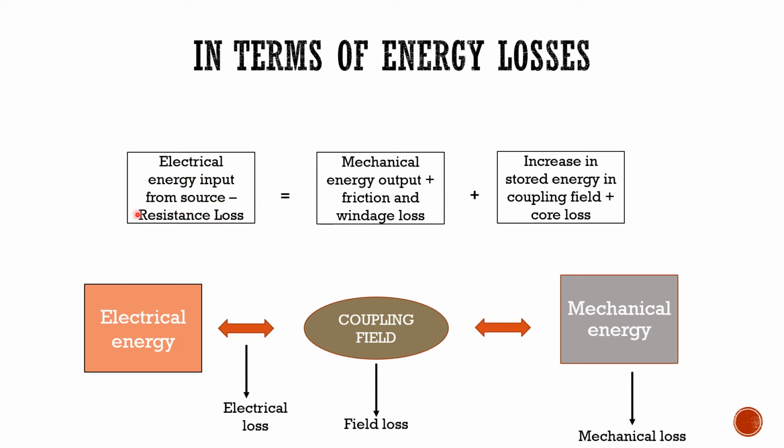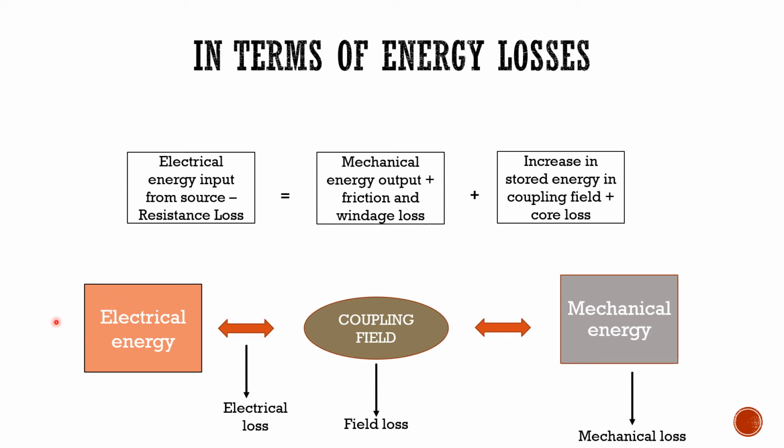This is called loss in the resistance. The field loss is the core loss due to the changing magnetic field in the magnetic core. And windage and friction loss is due to the motion of the moving components.